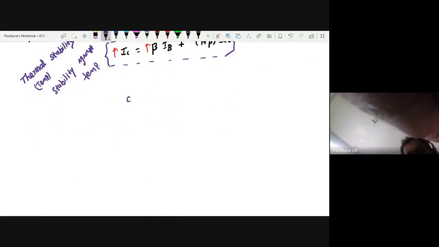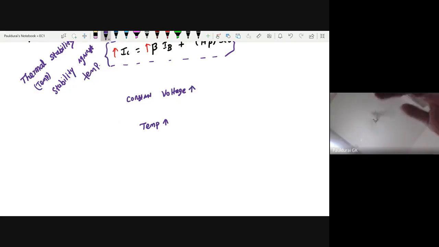So now coming to the interesting part. What we are doing is giving a constant voltage to the junction. So after some time, what will happen? Temperature increases, or you are increasing the biasing voltage, in some way you can also assume. When you are increasing the biasing voltage, temperature increases.